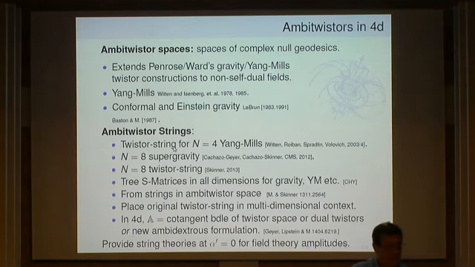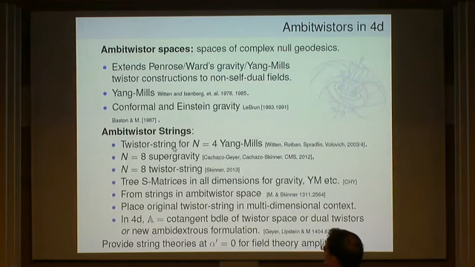And by complex null geodesics, I mean it's quite radically complexified, in the sense that you're looking at null geodesics that are going off not just in the t equals z direction, but also in the x plus iy direction. So you're really allowing things to shoot off right into the complex. And you maybe start thinking about having a real spacetime that you analytically continue, and you think about all of these complex null geodesics all at once.